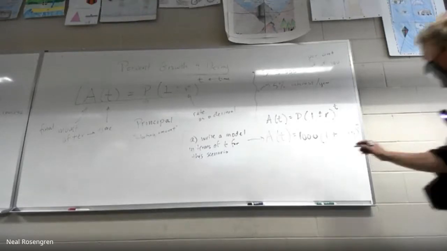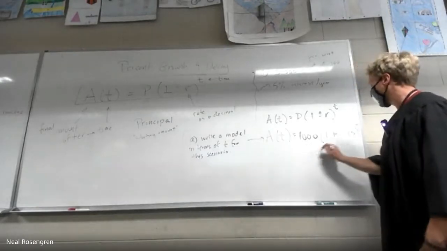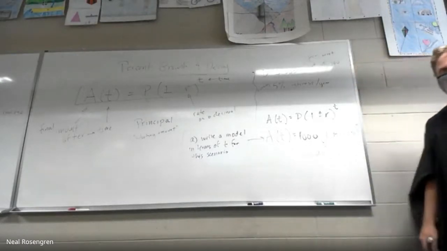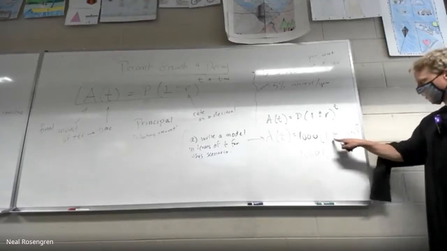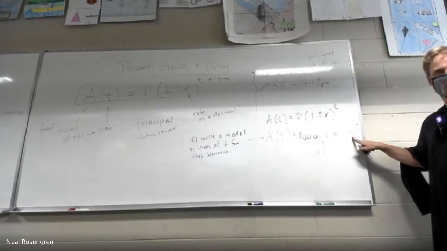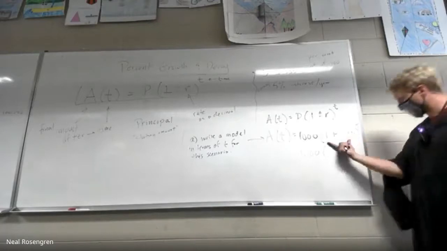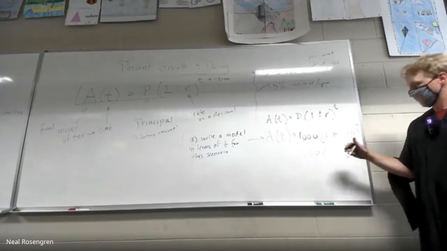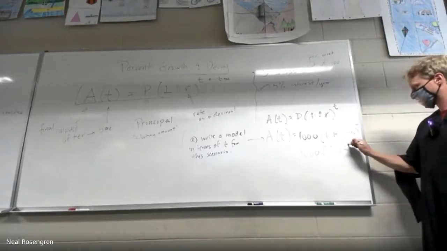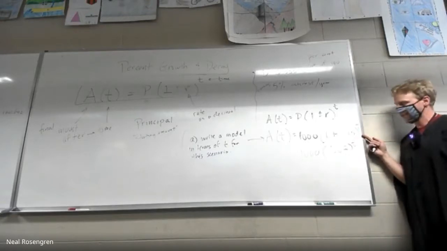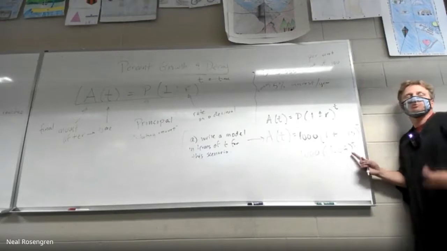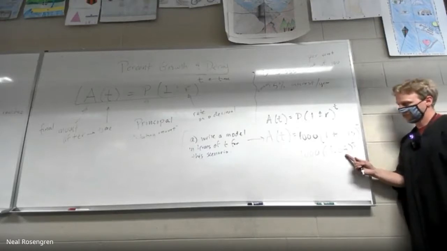Now, not that we have to do this, but what is 1 plus 0.05? Put those two together. 1.05. Sometimes it's written like 1 plus or 1 minus, and sometimes they'll put those together, but these are the same thing.